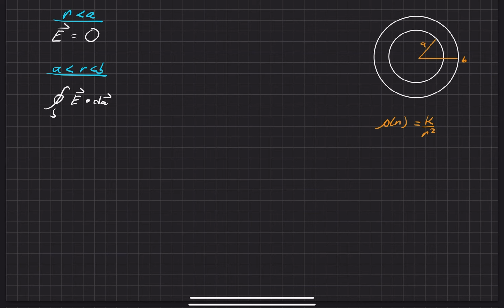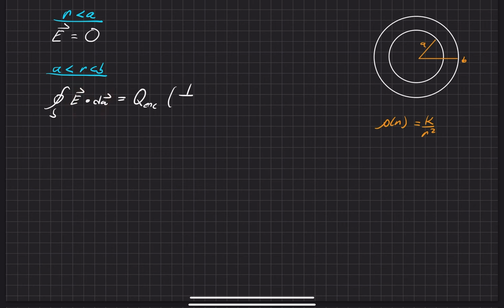We dot the electric field, which is symmetrical in the r hat direction, with the Gaussian surface, which is also symmetrical with respect to r. The normal vector of our sphere also points in the direction of the electric field, which allows this dot product to turn into just a multiplication.